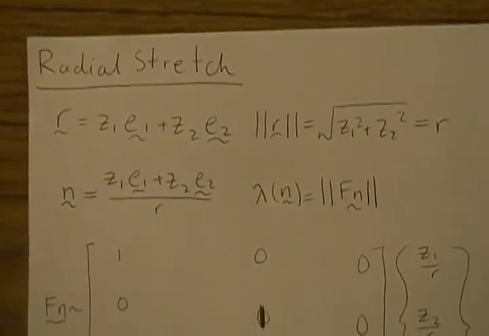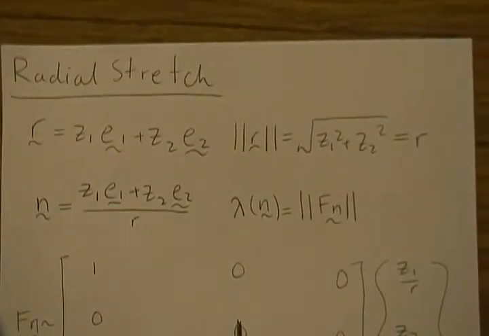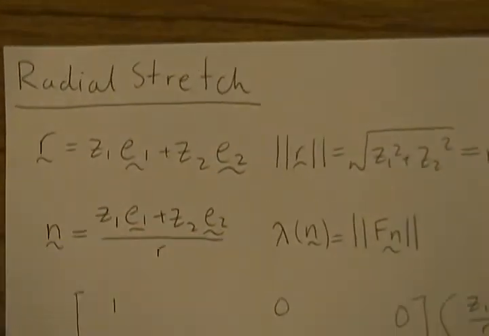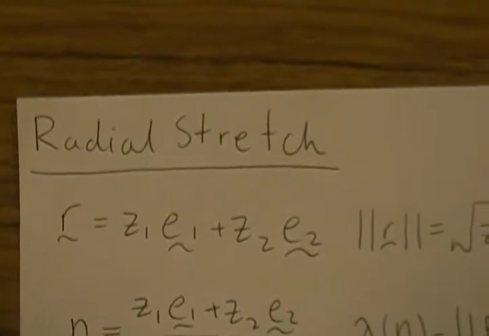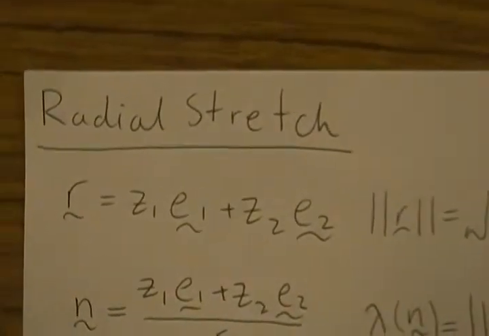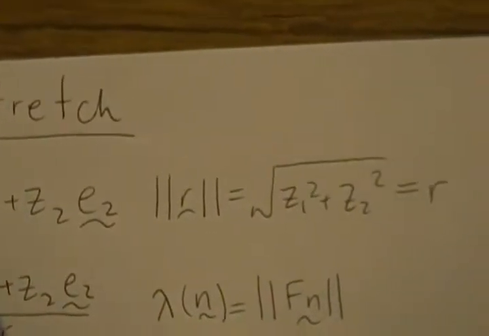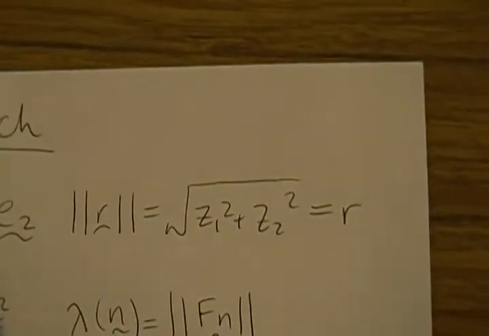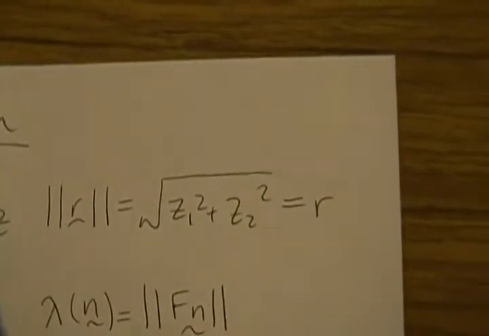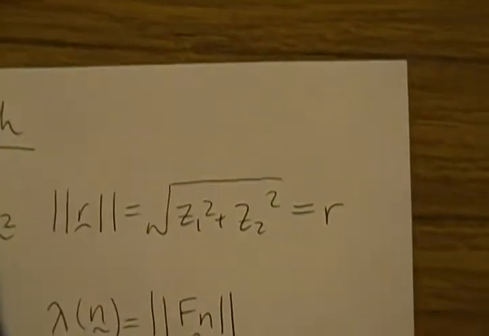The next portion of the problem asks to find the radial stretch. When we look at the vector in the radius direction, the length of that vector is equal to the square root of z1 squared plus z2 squared. And that is equal to r.